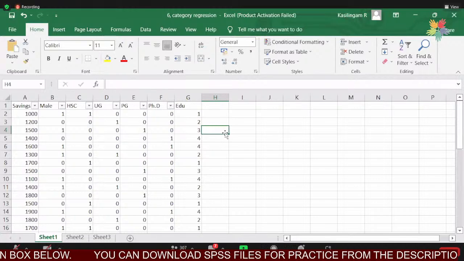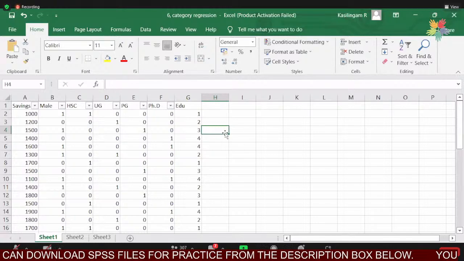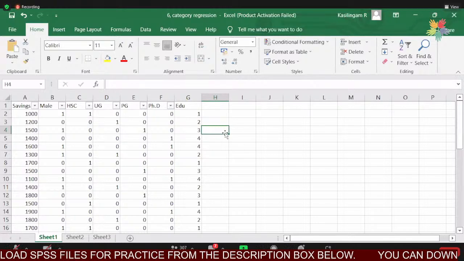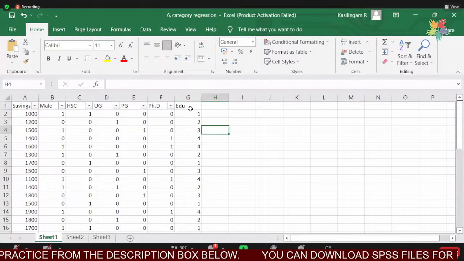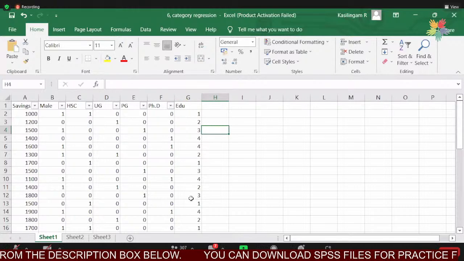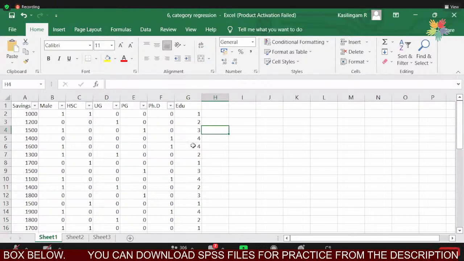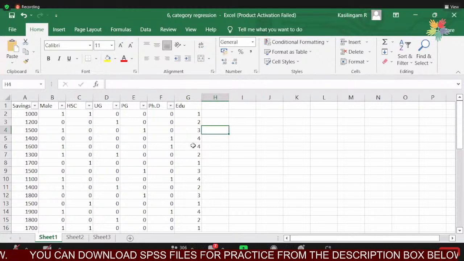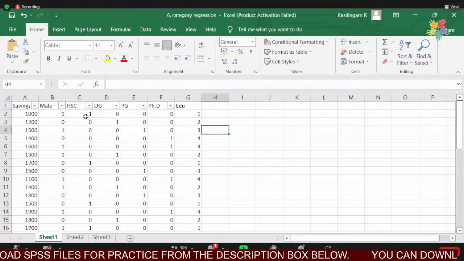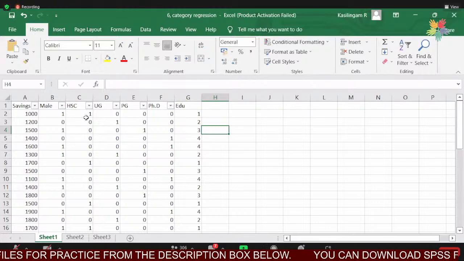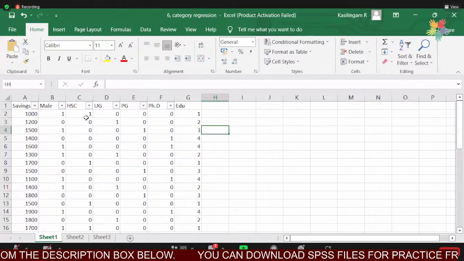Now 4 options are there, 4 categories are there, which means we have to create 3 dummies. Very good. Now this is my categorical variable, so instead of this categorical variable, I am going to create 3 dummy variables. First, the HSC dummy variable: if he is HSC, we put 1; if he is not HSC, we put 0.